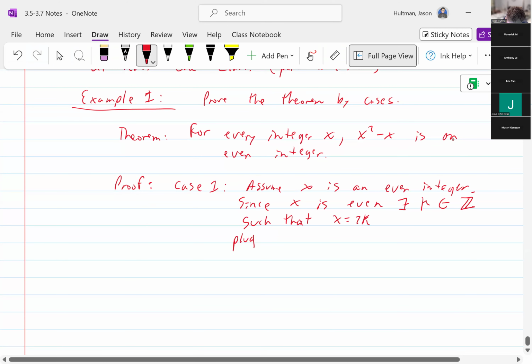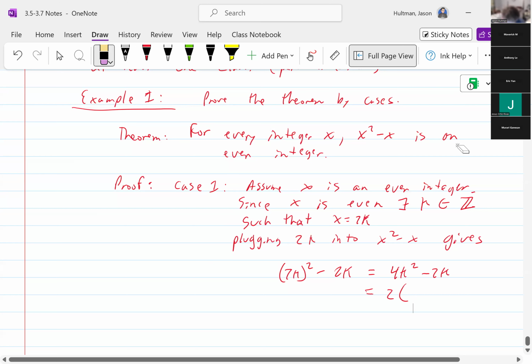Okay, plugging 2k into x squared minus x gives 2k squared minus 2k, which is equal to 4k squared minus 2k, which I can factor a 2 out of. I get 2 times (2k squared minus k), which shows that it is an even value.